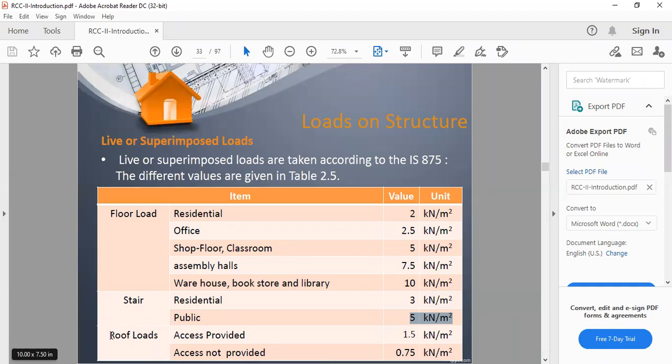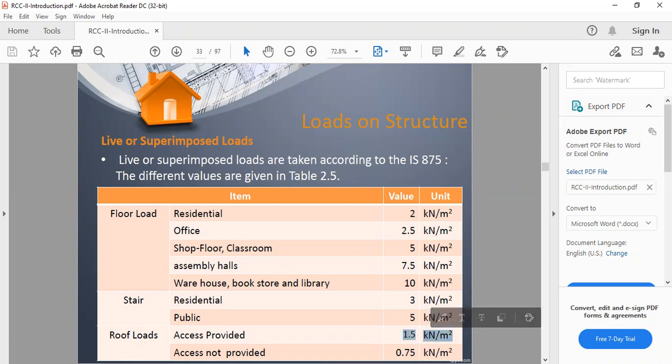Again, roof load. If you are going to provide access, people may utilize that roof. In that case, the roof load, if access is provided, is 1.5 kilonewton per meter square.